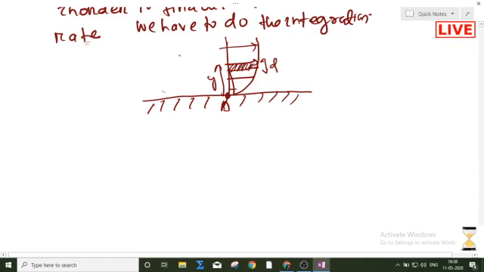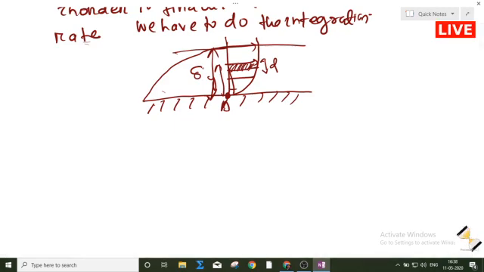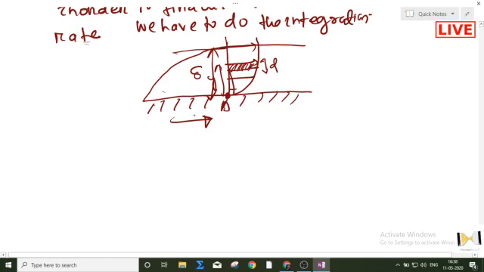Now I have to find the mass flow rate about this entire boundary layer thickness. This mass flow rate will keep on changing, as the boundary layer thickness keeps changing along the length direction. So I am finding this mass flow rate at this point A.